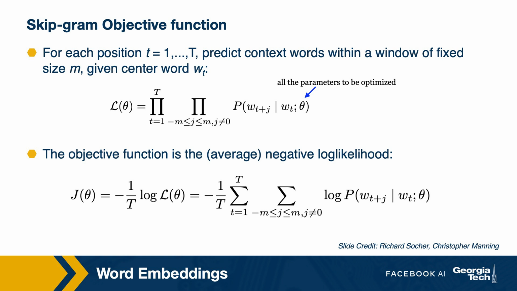The objective function is the average negative log likelihood. Note that in this particular model, the parameters to optimize are only the word vectors. This is simpler than the earlier neural net models, and it also enables very fast computation.